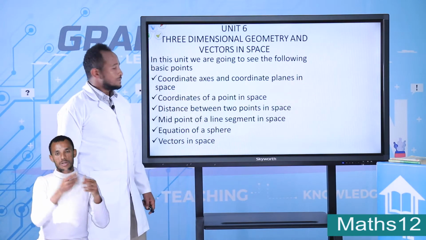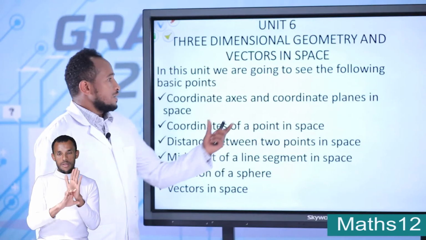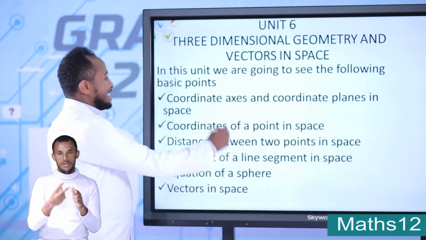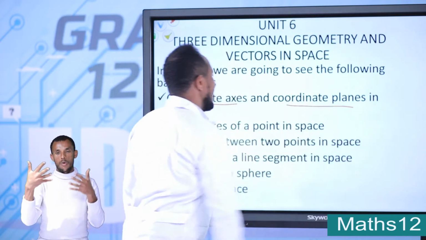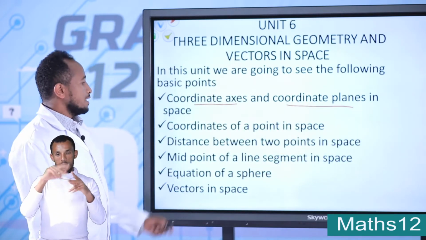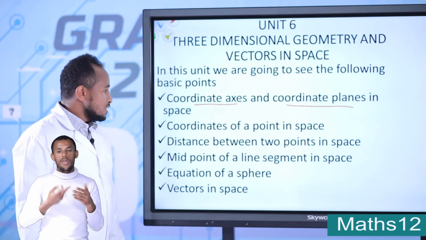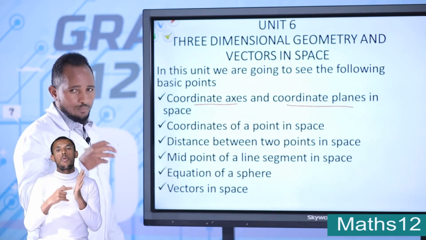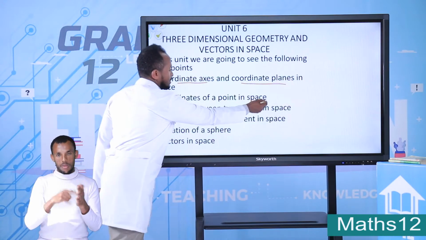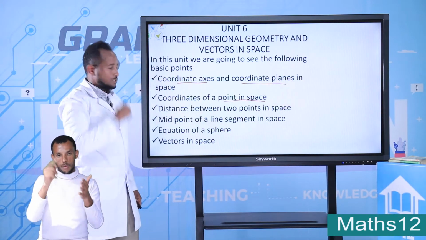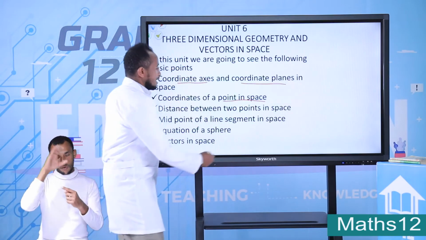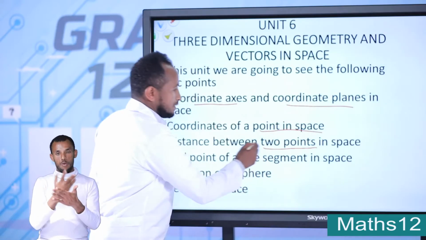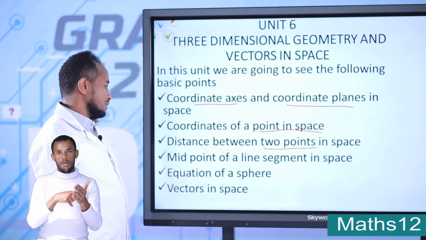So in this chapter we are going to see coordinate axes and coordinate planes in space, and then we'll try to see how to locate a point in space, the coordinate of a point in space, and then we'll try to find the distance between 2 points in space.